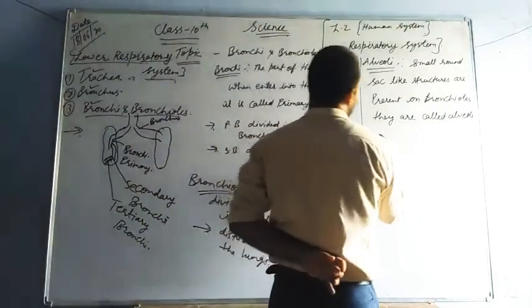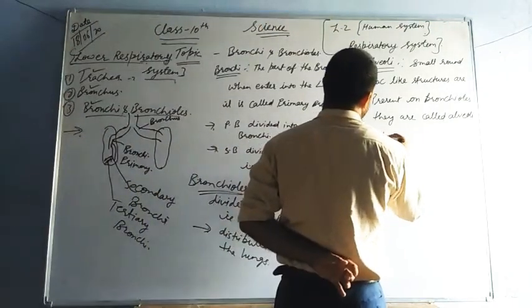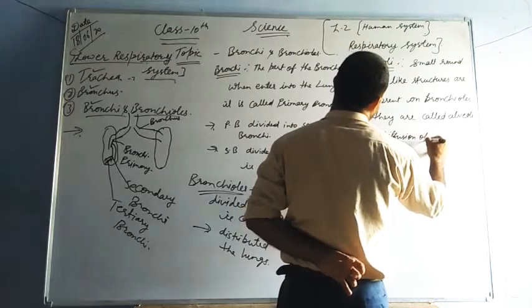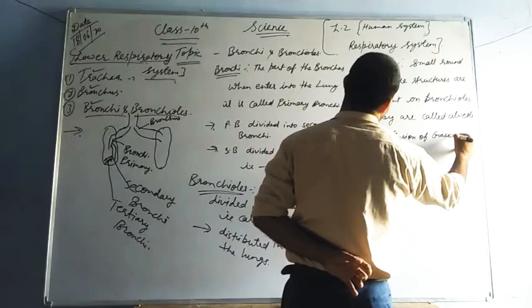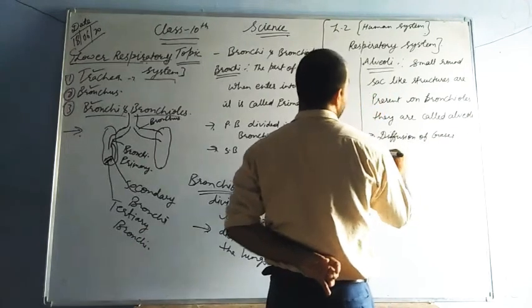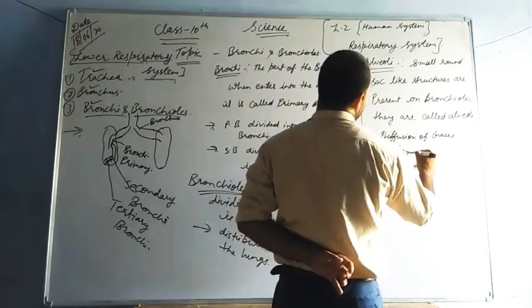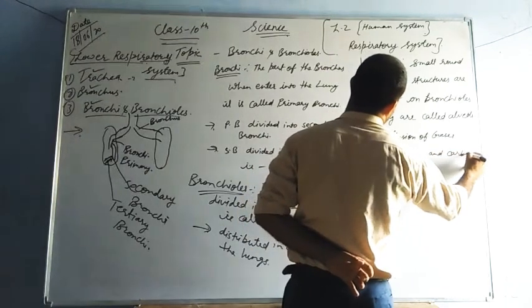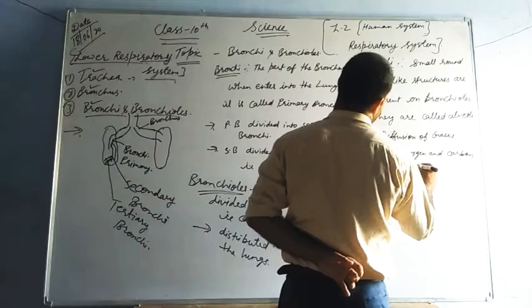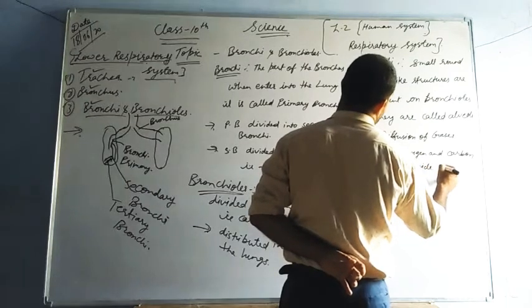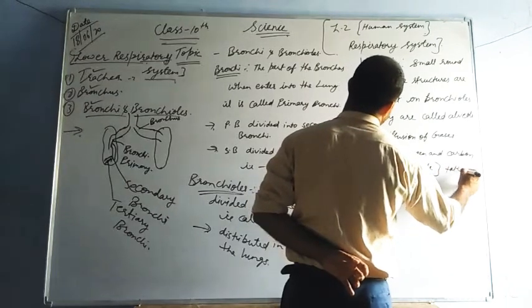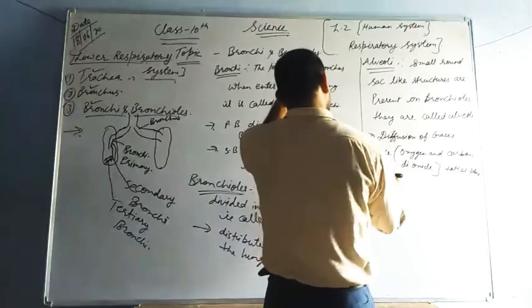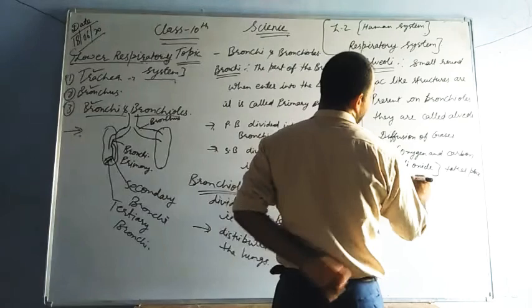These are very important for the diffusion of gases, like oxygen and carbon dioxide. Diffusion of gases takes place in alveoli only.